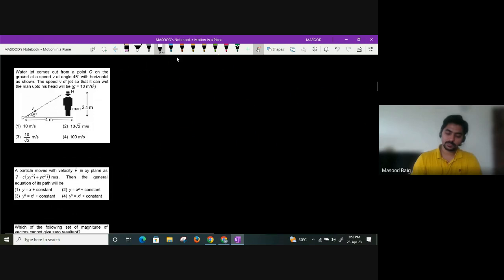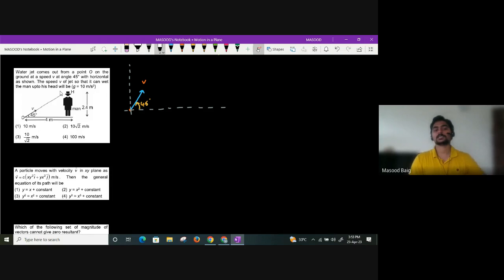Suppose we have our tap, guys, connected to a certain pipe. From the pipe we are projecting water, with some speed v, at 45 degrees.